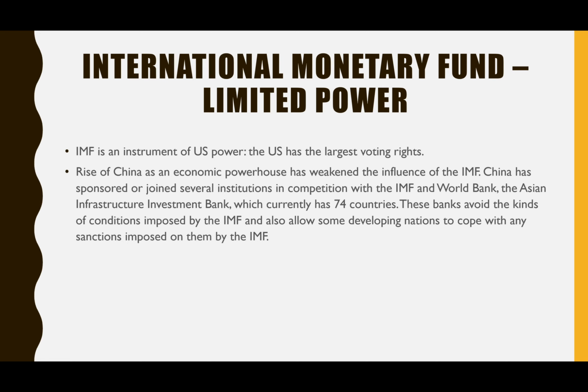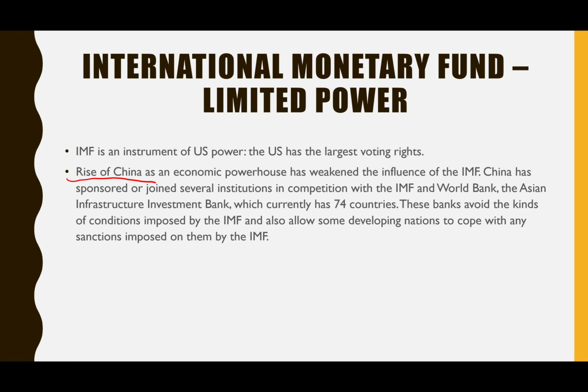Also, China has created their own version of the IMF. So that really is in direct competition with the IMF. That bank is the Asian Infrastructure Investment Bank. Currently I don't think that statistic is correct, I feel like it's more than that, but there are a number of countries that are part of this.